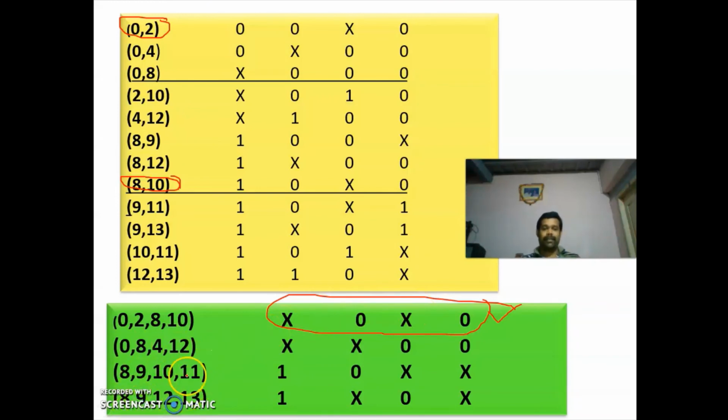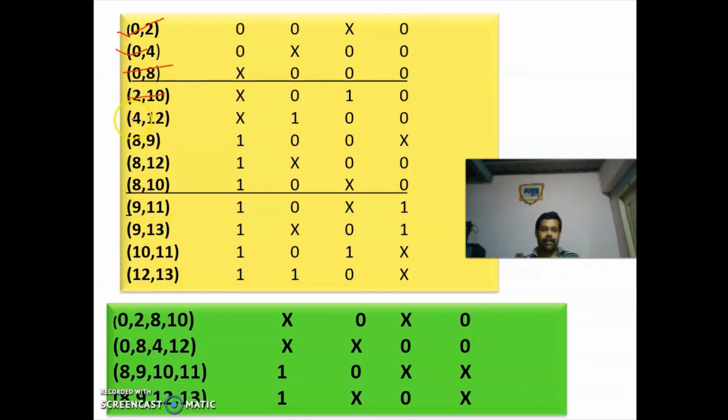Now next step is, after getting this, we have to go for the next procedure. You have to find the prime implicants. So here you are having 0, 2. This 0, 2 is present in this prime implicant also. So you have to tick it. Then 0, 4. 0, 4 you are having here also. So you have to tick it. 0, 8 you are having here. So you have to tick it. Then 2, 10 you are having here. So you have to tick it.